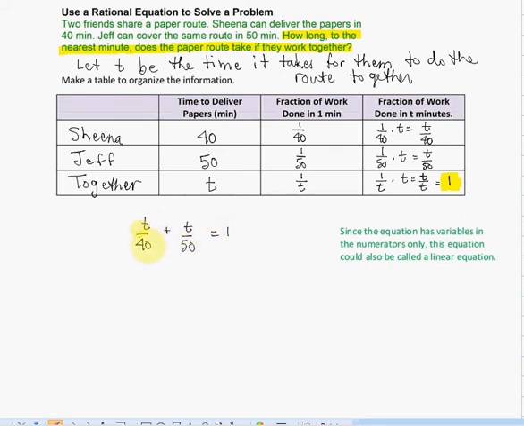So as you can see, we have a rational equation. Our LCD is 200. Okay, and so we're going to multiply every part of our equation by 200. So we're going to go 200 times t over 40 plus 200 times t over 50 is equal to 200 times 1.